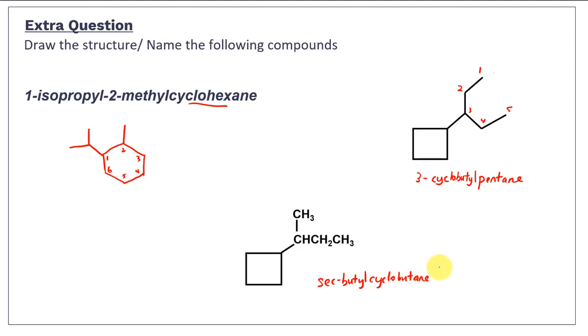Or if you want to name it according to IUPAC naming, you can as well. You can name the carbon directly attached to the parent as carbon 1, 2, 3. This is a substituent inside the substituent, so we can write 1-methylpropyl as the substituent, and then the parent, which is cyclobutane. So sec-butyl will be slightly easier, but you have to memorize the structure.